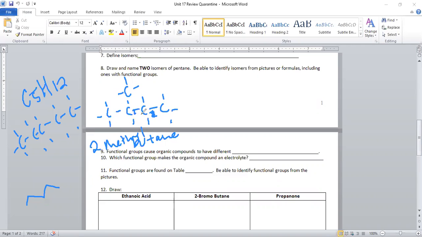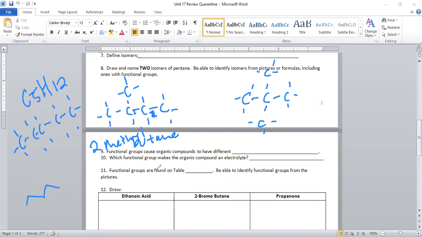So this would also be 2-methylbutane. So just make sure that you're not drawing the same isomer. So now I'm going to draw 3 in a row. I'm going to pop the C on top and the bottom. So this would be a different isomer of pentane.